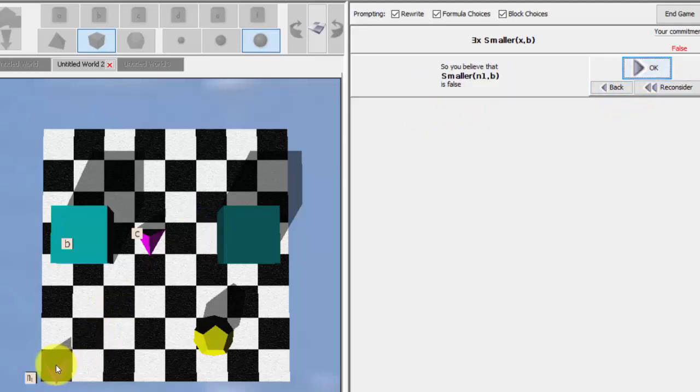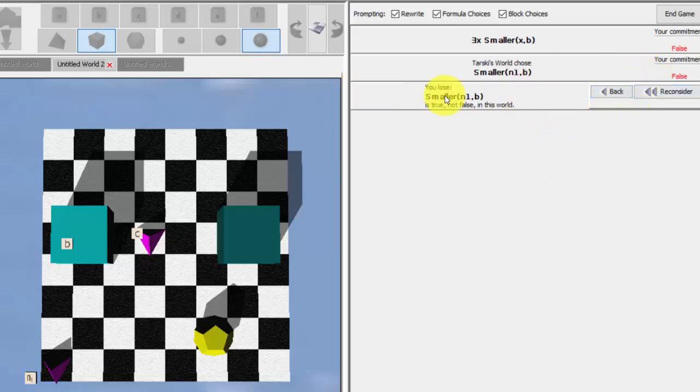So then it's going to pick something that does satisfy it, since I'm wrong. And it says, so I think it's false that n sub 1 is smaller than B. Let's continue with that, and it'll let me know that I've lost, because indeed n sub 1 is smaller than B, since n sub 1 is small and B is large.